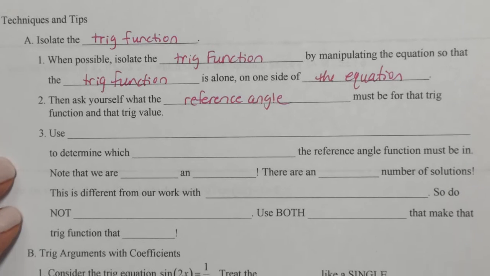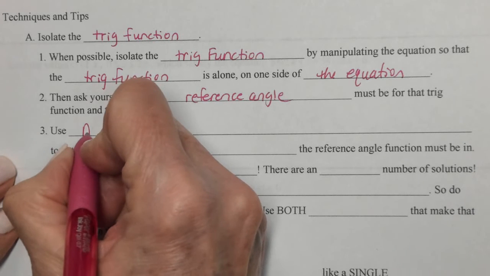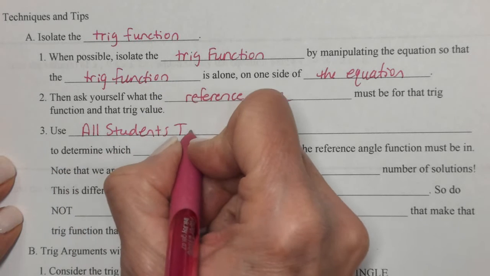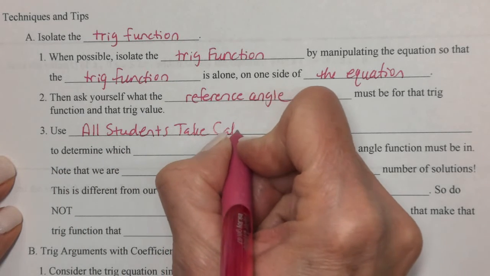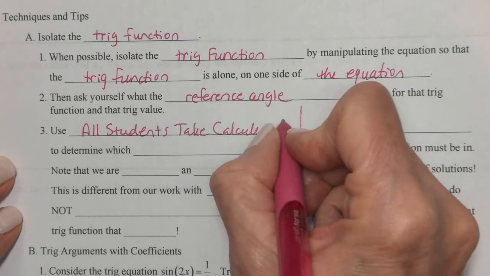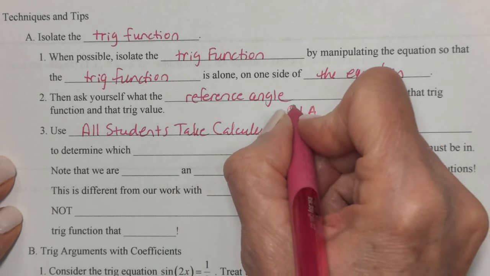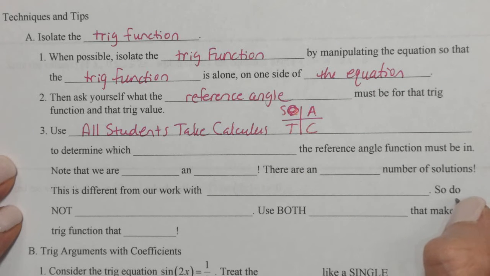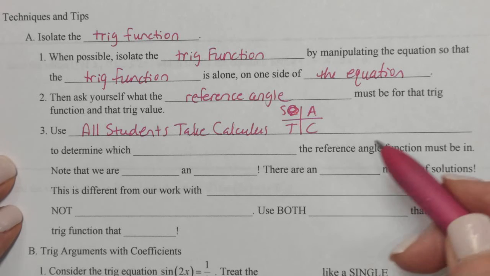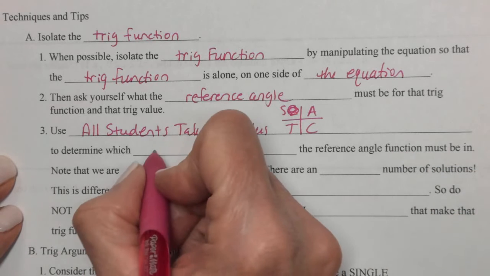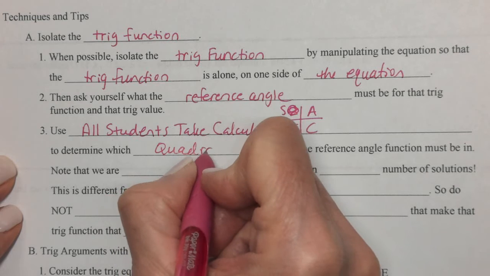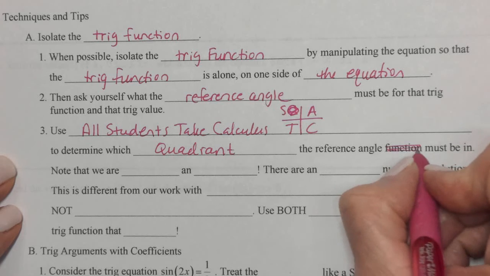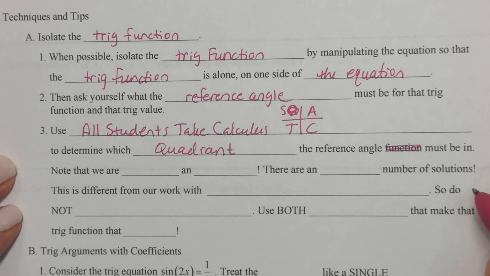We are going to need to use the saying, all students take calculus, to figure out where we should put that reference angle, to determine which quadrant the reference angle, not function, the reference angle must be in.